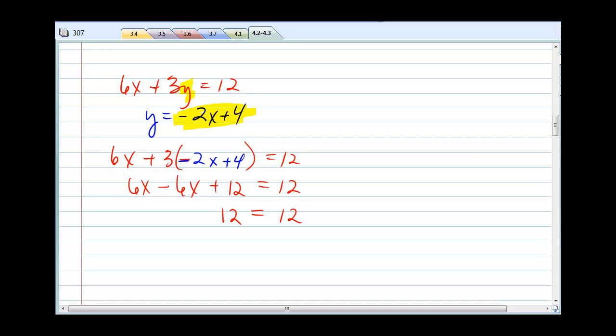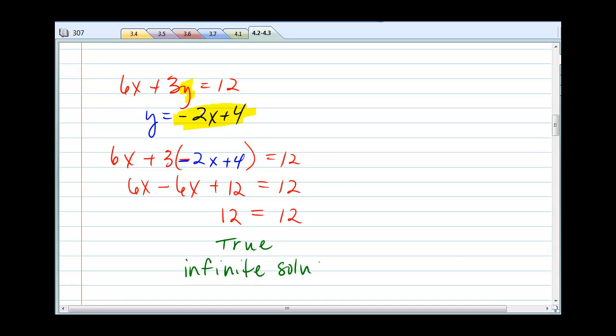That was where one line lies on another line. And in this case, since I found out that 12 is equal to 12, I need to think to myself, well, is that a true statement? Yes, it is true. Because this is a true statement, the answer is infinite solutions.